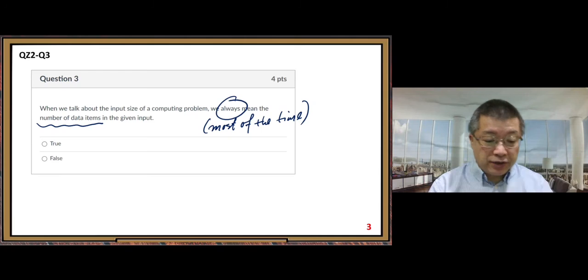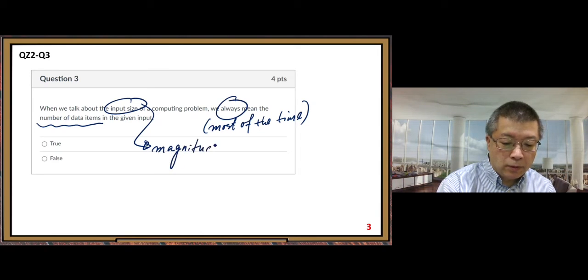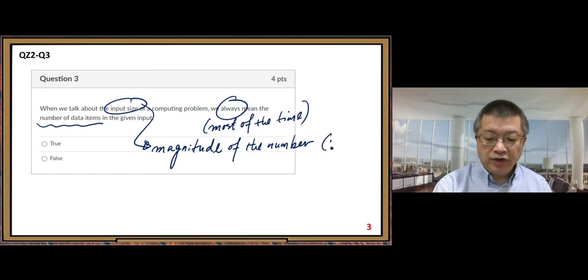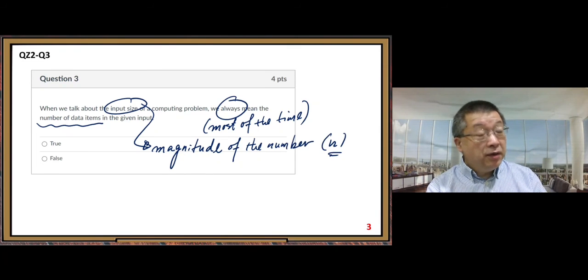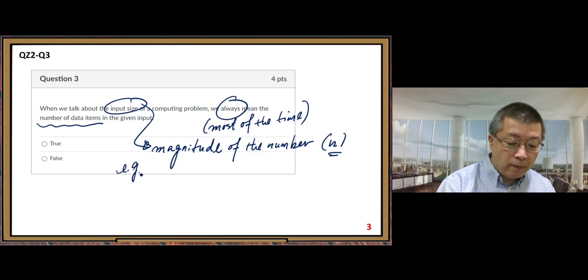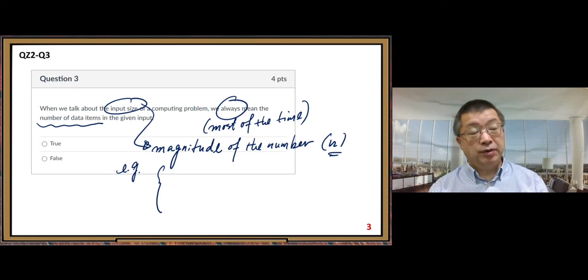Another case is that the input size could be the magnitude of the number. For example, for n, the magnitude is the value of this n. In this class, we have two examples.